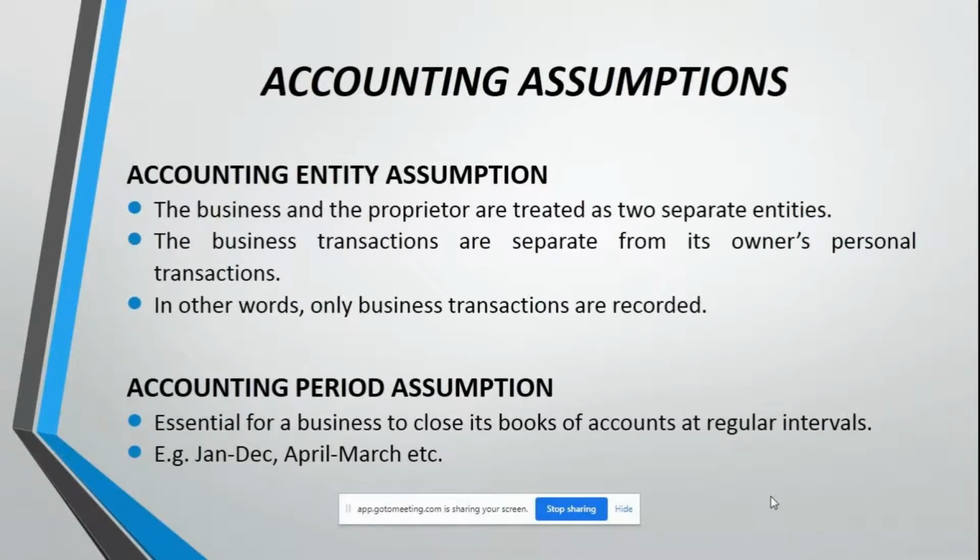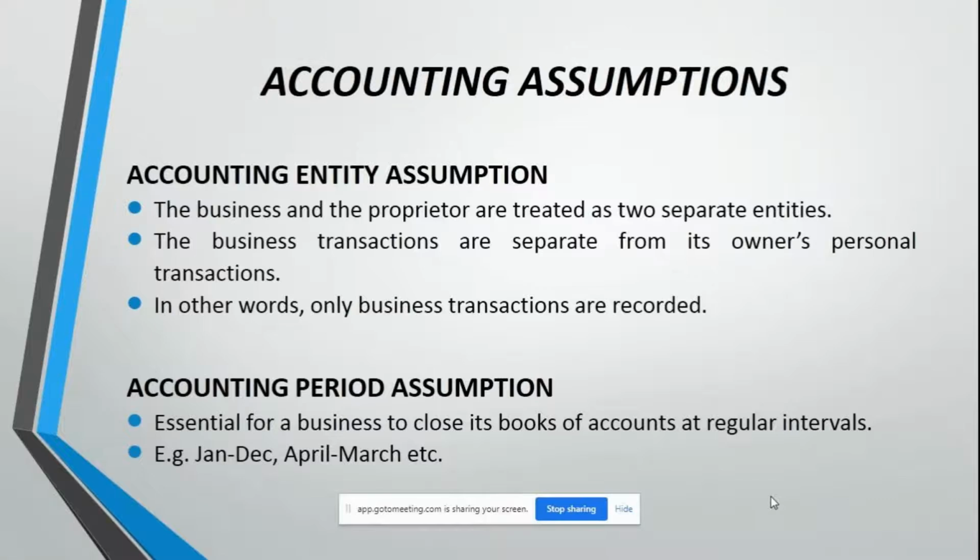I can easily analyze the graph comparatively. In this year, which position am I in? Favorable, not favorable, or the worst position. That's why the accounting period assumption is essential for a business to close its books of accounts at regular intervals of time.